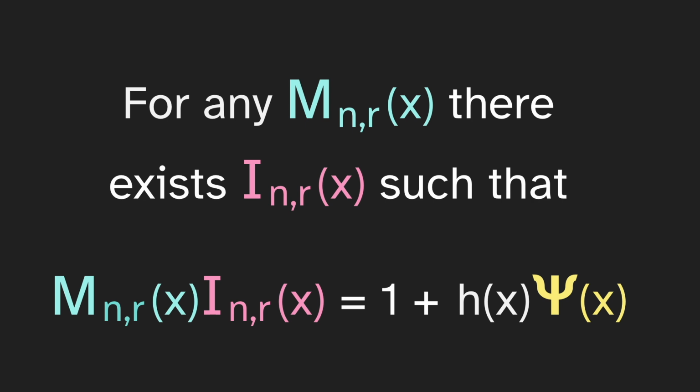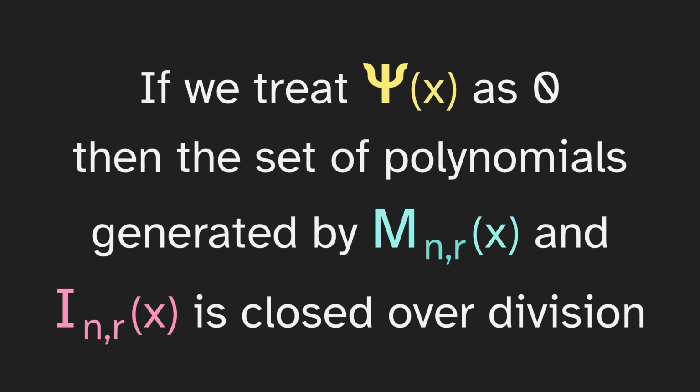And this means that if we treat psi as 0, then the set of polynomials generated by m and I is closed over division. If we want to divide by m, we can just multiply by I instead, and vice versa.